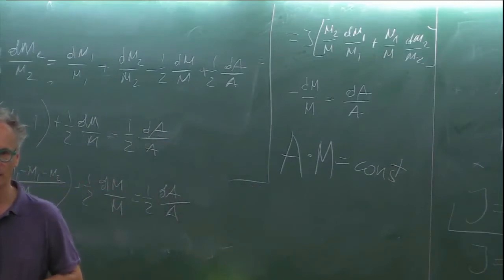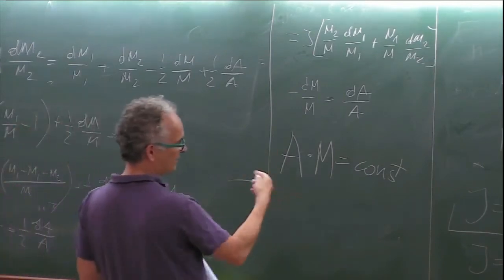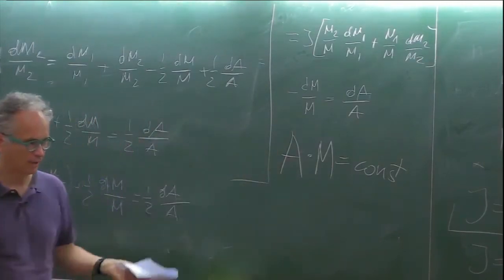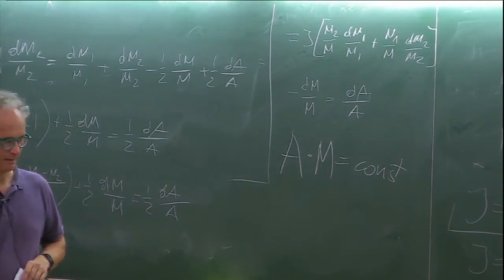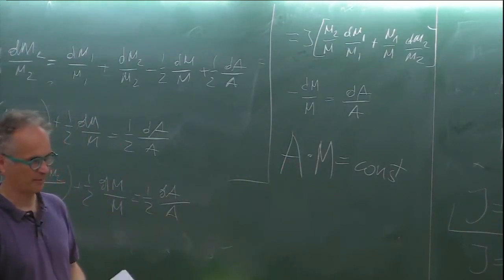Yeah? So if we lose the mass in the wind, then the orbit will shrink, and the amount of shrinkage of the orbit will be inversely proportional to the total mass lost from the system.